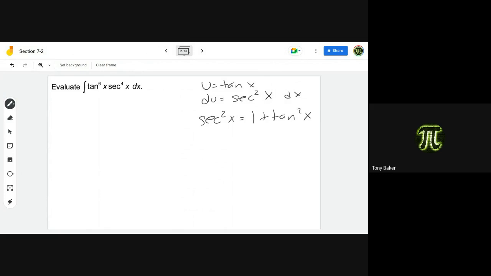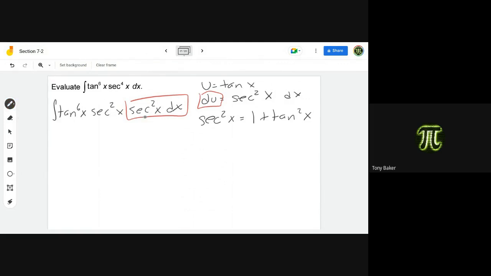All right, so my goal is to change everything that's left over into tangents. So we're going to pull out the secant squared x dx. So that is my du.